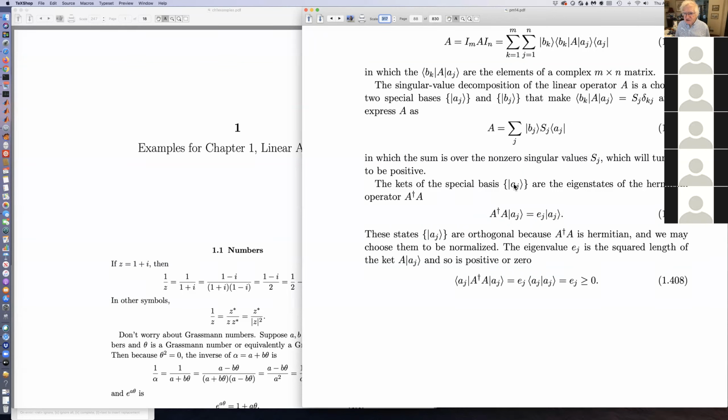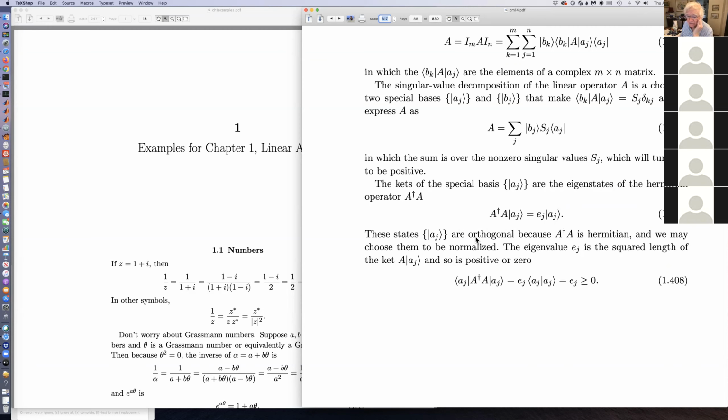The kets of the special basis for the domain are the eigenstates of the Hermitian operator A dagger A. A dagger A is Hermitian, so it has n orthonormal eigenvectors, and we have this eigenvalue equation.